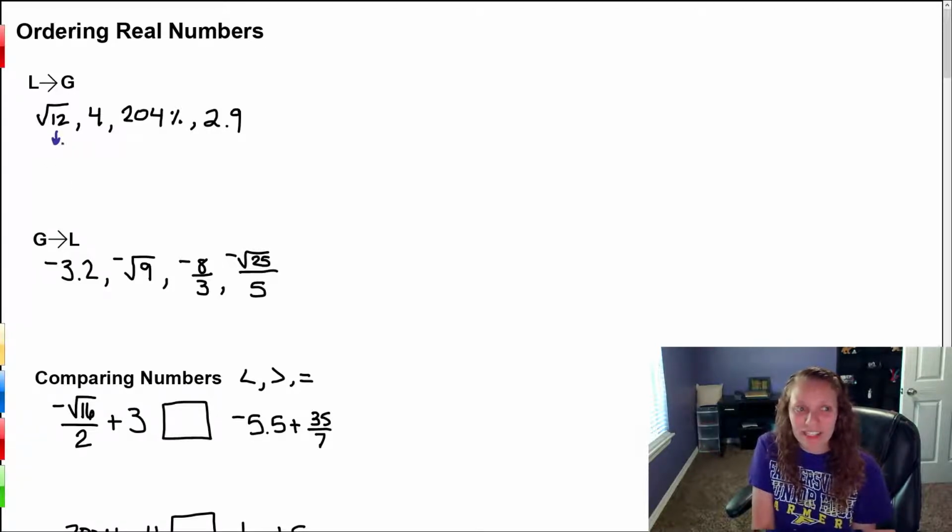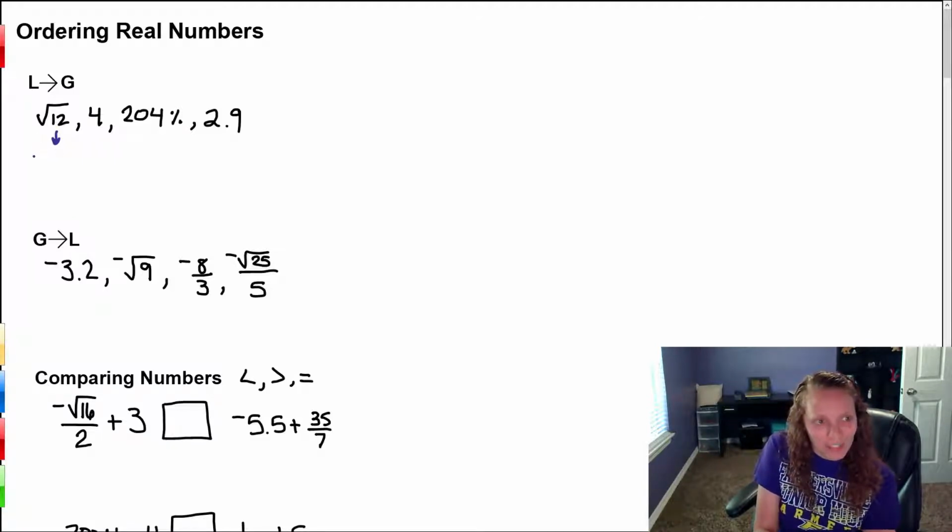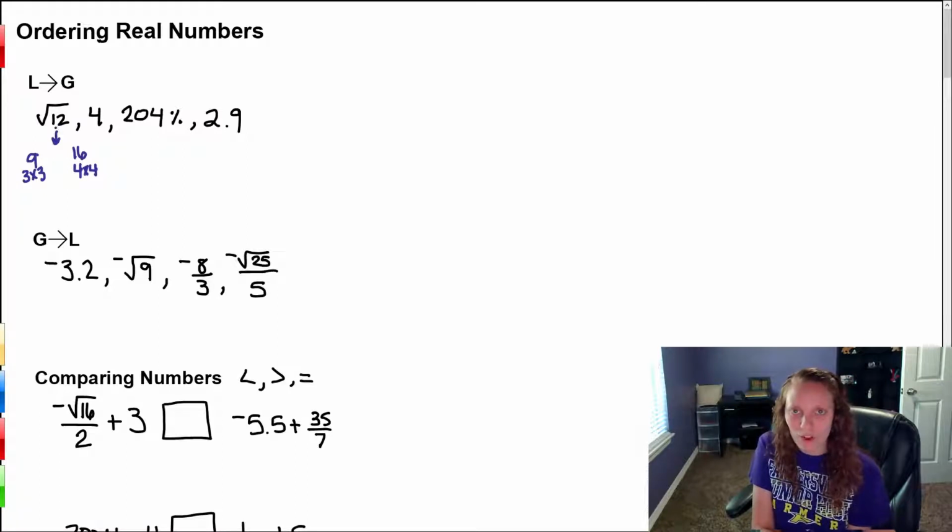So I'm not getting 12 when I go in order with the whole numbers. 12 is in between. 9 is a perfect square because of 3 times 3, and the next one up would be 16, a perfect square because of 4 times 4. So we'll approximate the square root of 12 to be about 3.5 since it's in between these two numbers.